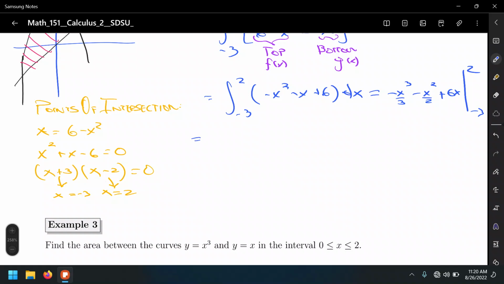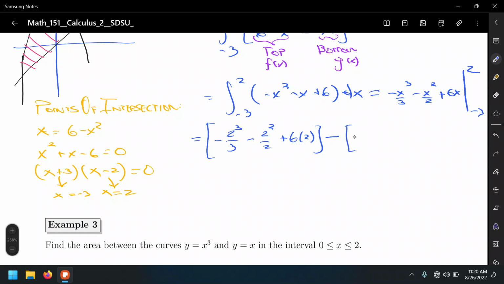Well, the rest of the problem is the fundamental theorem of calculus. So that is negative 2 cubed over 3 minus 2 squared over 2 plus 6 times 2. And then minus the evaluation at the lower limit, which is the part where we need to be very careful.